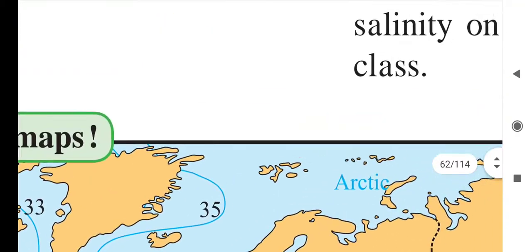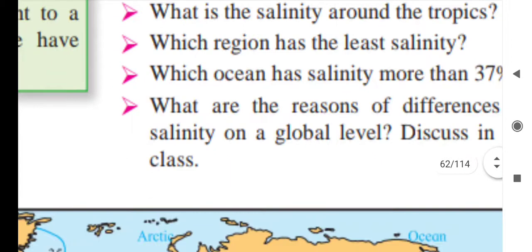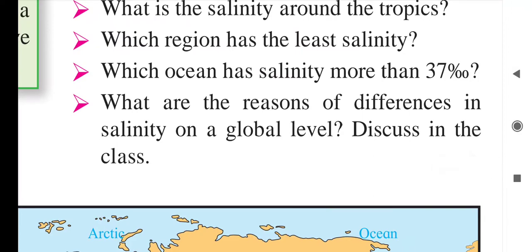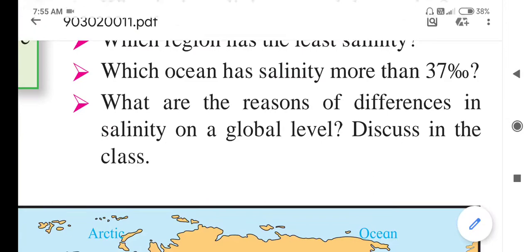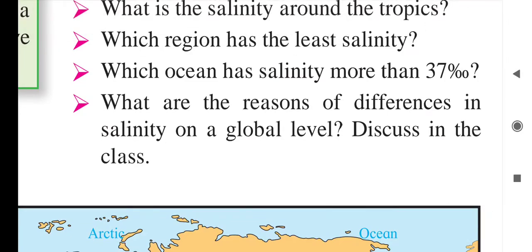Next question: what are the reasons for the difference in salinity at the global level? Discuss in the class. So we have to discuss the reasons for the differences in salinity. There are many factors responsible for salinity. First is temperature.